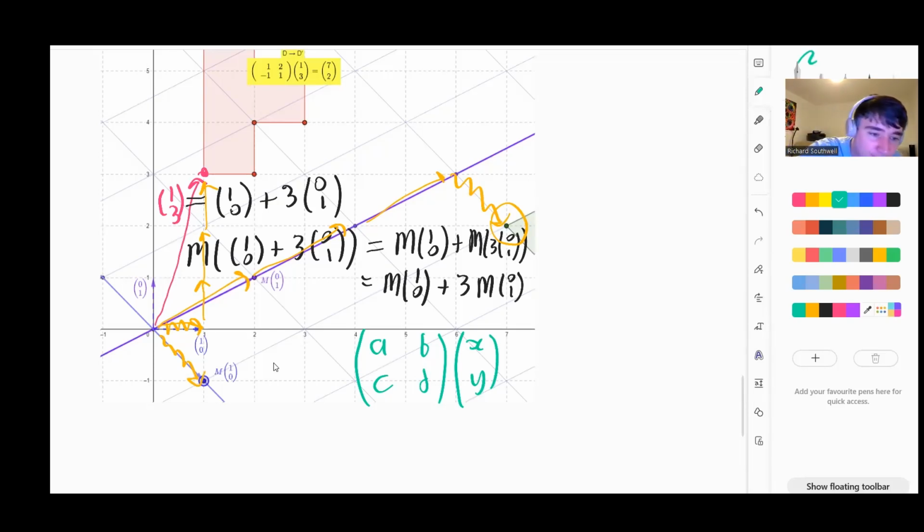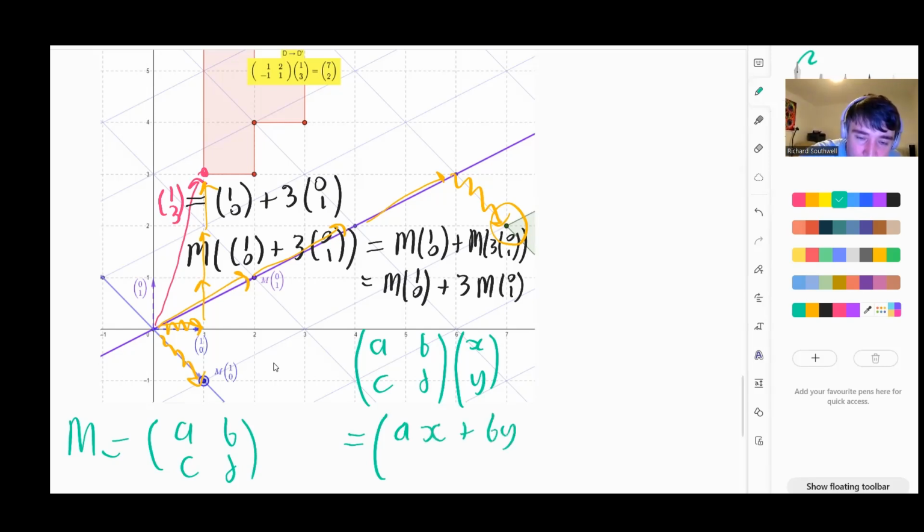In this case, M would be this matrix here, a, b, c, d. And we can ask what that does to a column vector. People normally think of this just in terms of algebra. They say, just memorize this formula: ax plus by is the first entry in the output, and the second entry is cx plus dy.